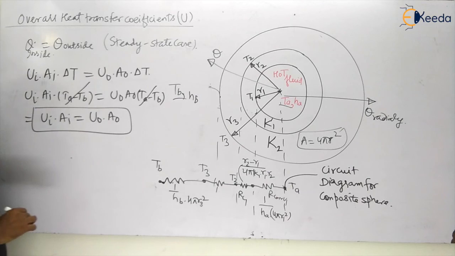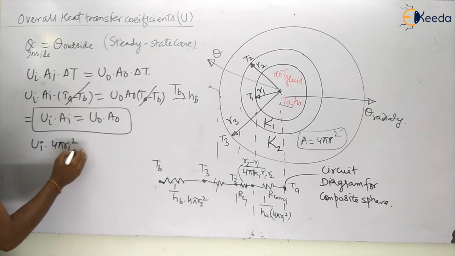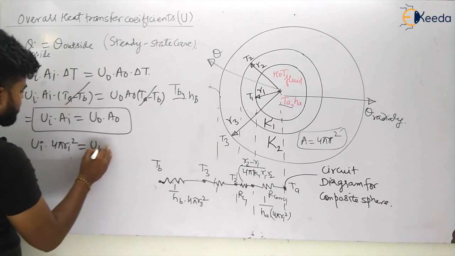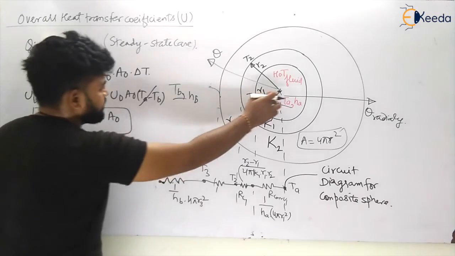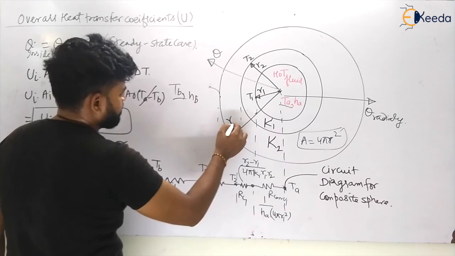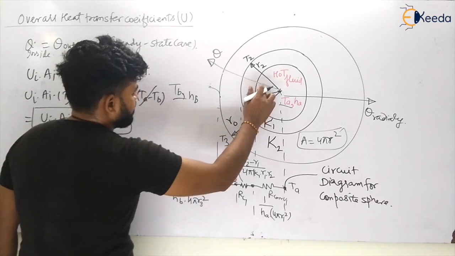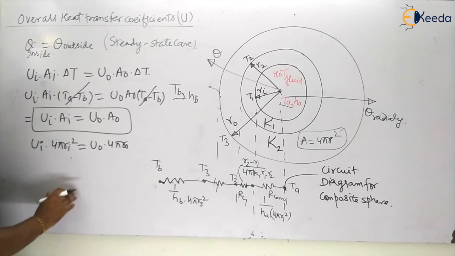So what is the inside area? AI. So let us write it. UI into AI is nothing but 4 pi Ri square in this case, equal to U naught into 4 pi R naught square. R naught is the outside radius I am taking. In this case we had taken R3, let us take it R naught, and Ri is the inside radius.